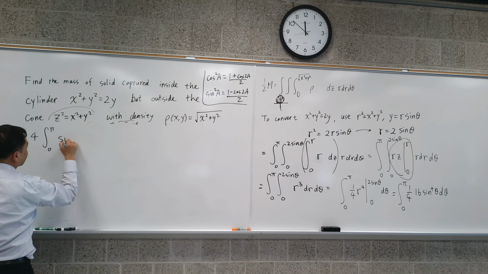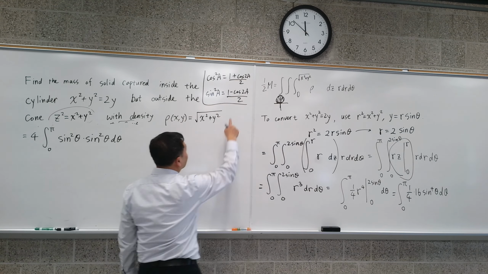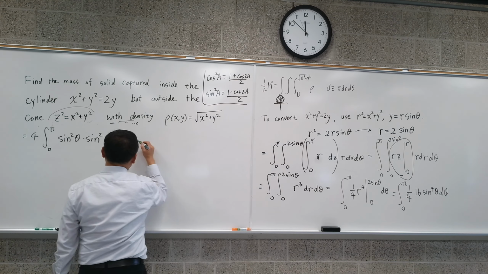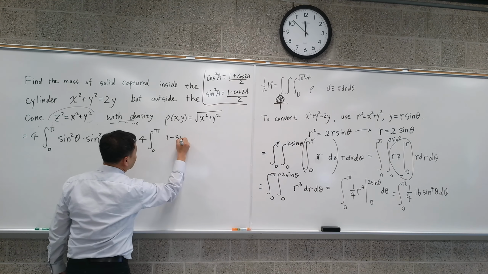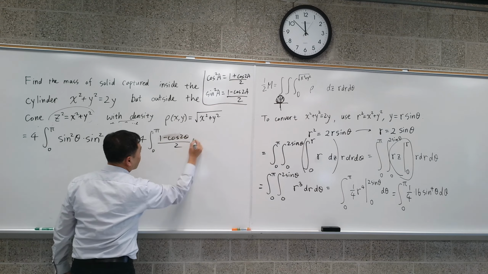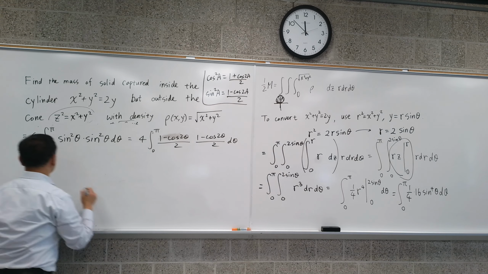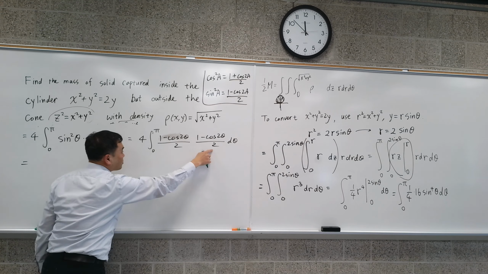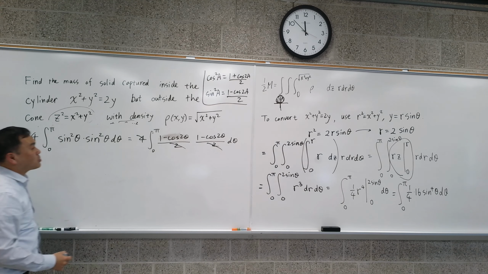And you rewrite sine to the 4th as sine squared times sine squared. And we are going to apply for each one of them this formula. Okay, 2 times 2 is 4.